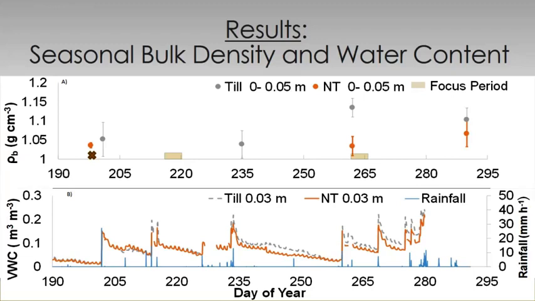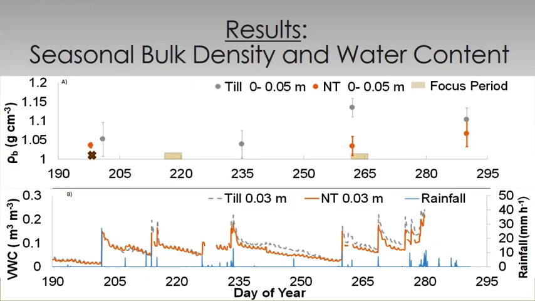As you can see, at the till and non-till early in the season, there was not a lot of variation in bulk density. Bulk density measurements were made essentially after substantial rainfall events. It was a pretty dry season, so substantial rainfall events didn't occur too often. So you'll see that the till and non-till did not change significantly early in the season.